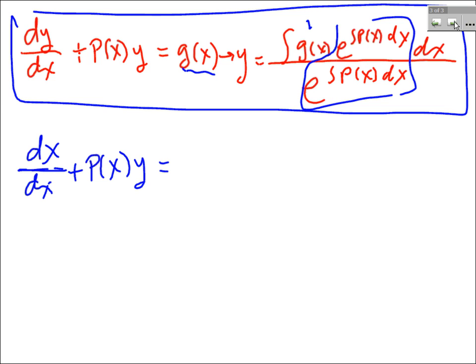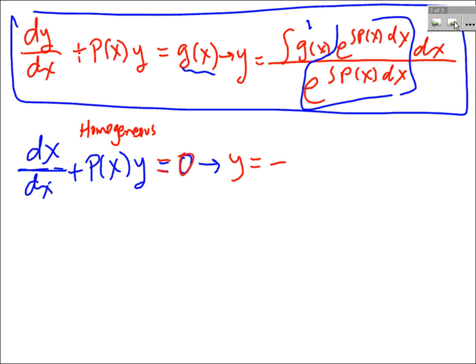If g of x is 0, this is called the homogeneous differential equation, because it equals 0. The pure function of x is just 0.